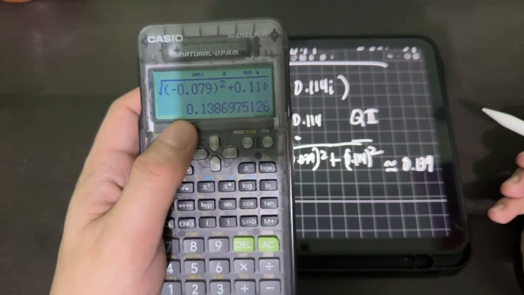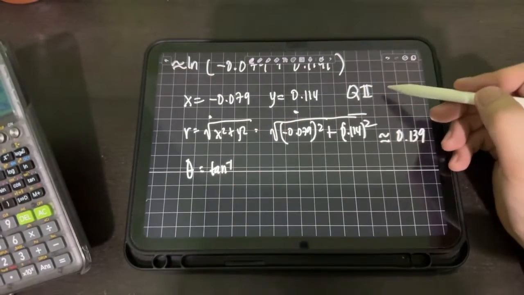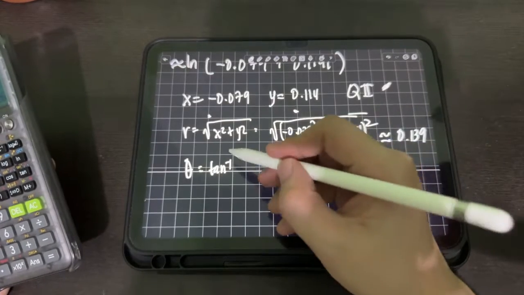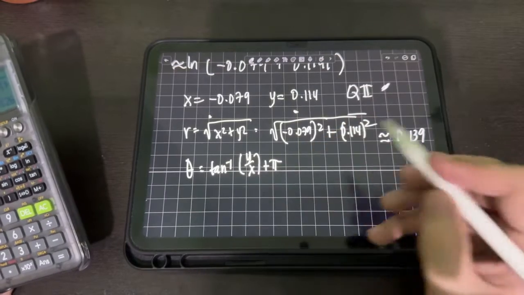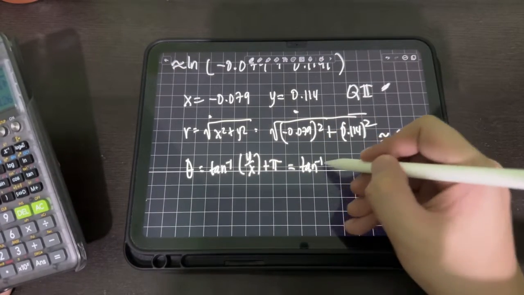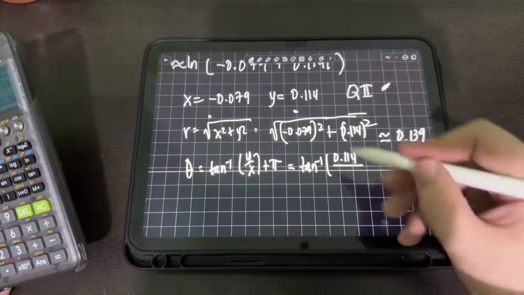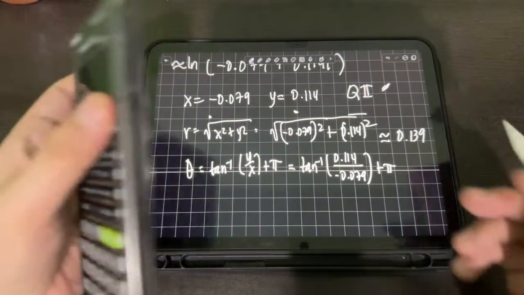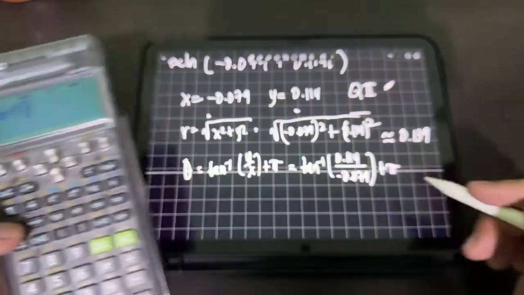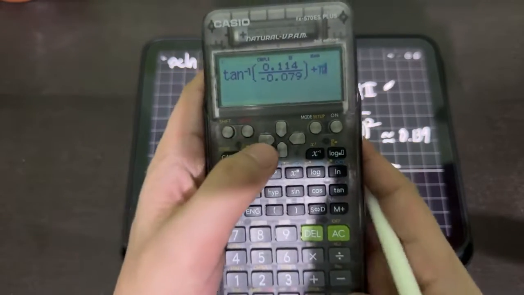Okay. And then for your theta, if your complex number is in quadrant 2, again, the formula for theta is arctan y over x plus pi. Substitute the values, we have arctan of y 0.114 over x negative 0.079, then plus pi. Input that in your calculator, arctan of 0.114 divided by negative 0.079 plus pi.